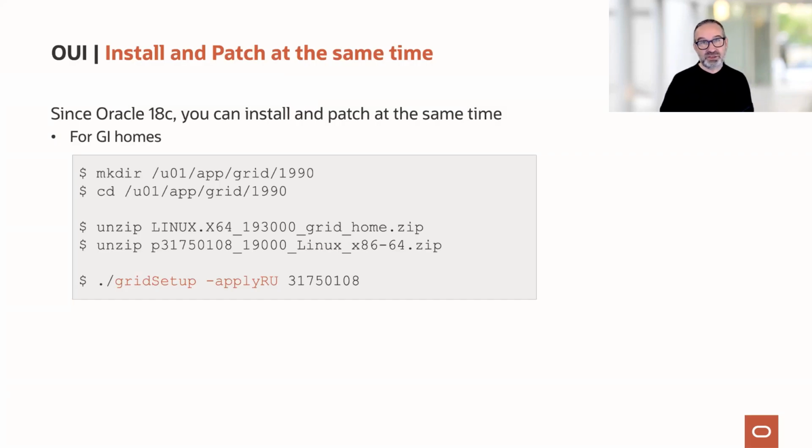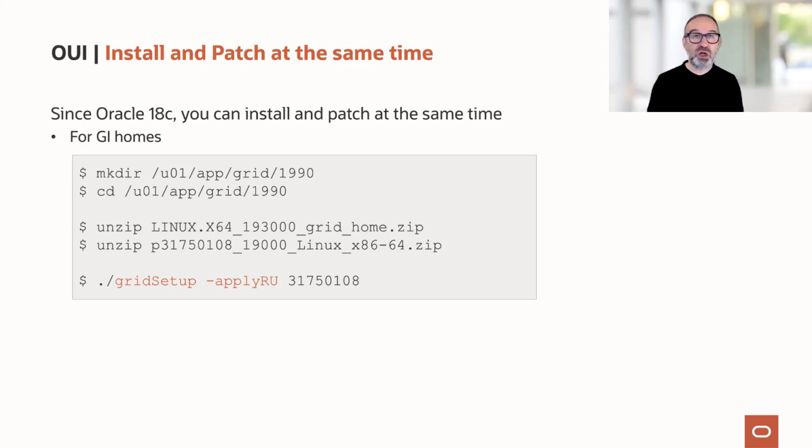The idea is that you prepare a directory, here in this case for grid infrastructure, and you unzip the download of GI 19.3.0. It's always the base release. And then you also unzip the most recent release update, in this case 19.9.0, in a separate subdirectory. It will create a subdirectory for the patch, in that case 31750108.